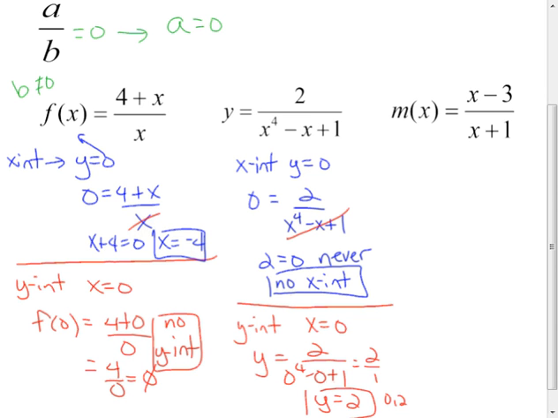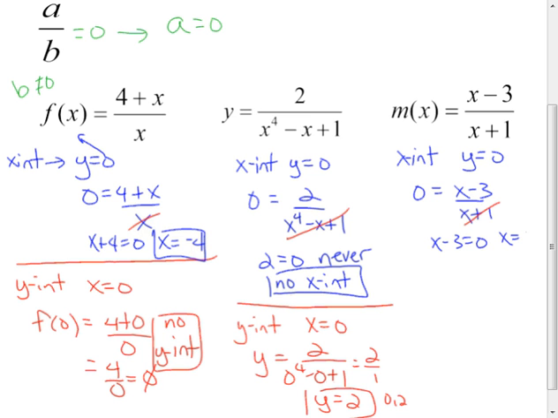Okay, so this last one's a little more straightforward because it'll have an x-intercept and a y-intercept. The x-intercept means y equals 0, so that's the output of the function, so I'll set m at x equal to it. And again, a fraction equal to 0 means that you can only have the numerator be equal to 0. So when is x minus 3 equal to 0?